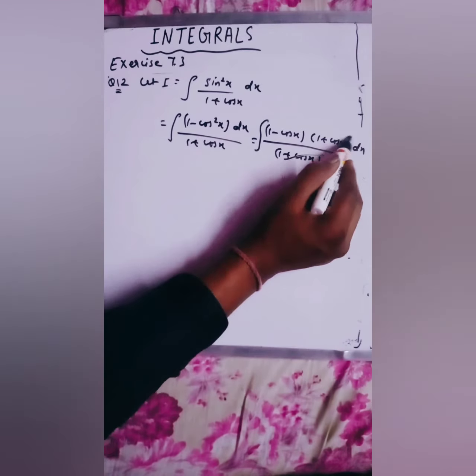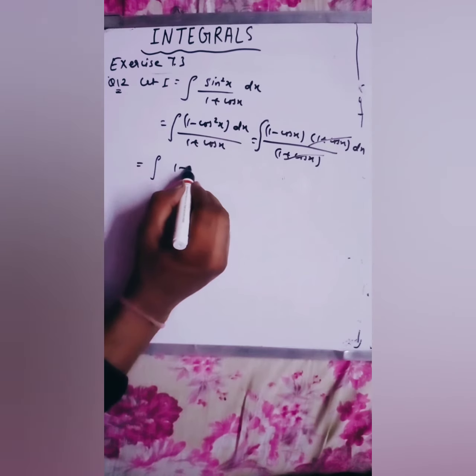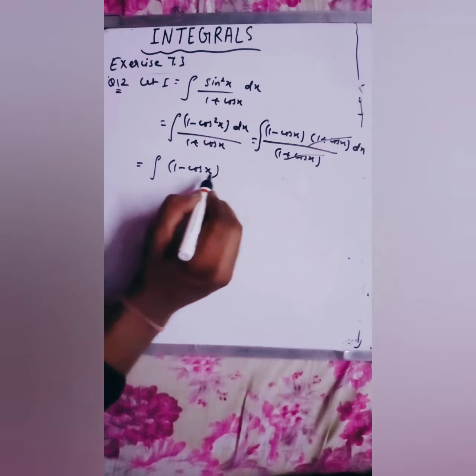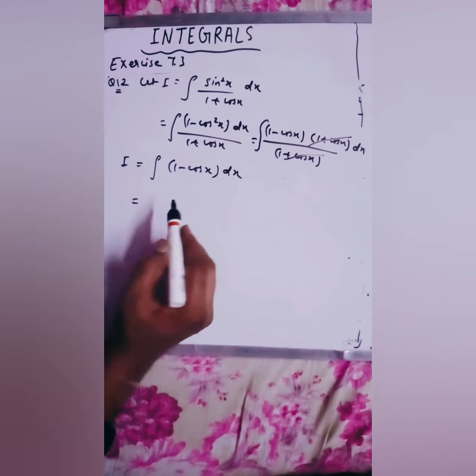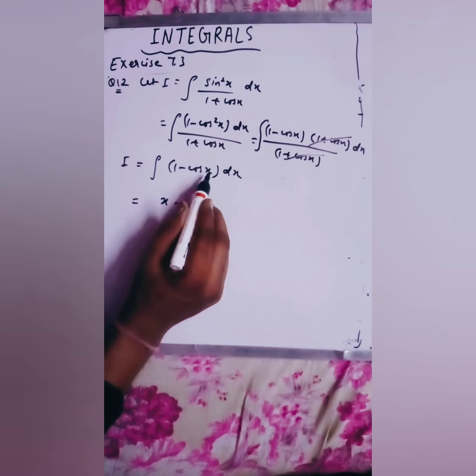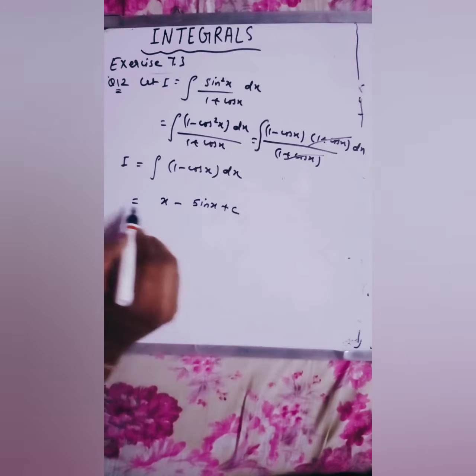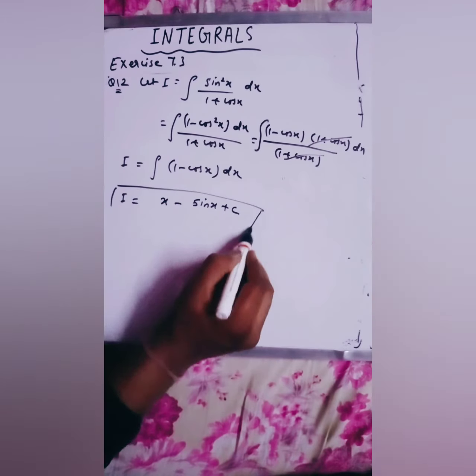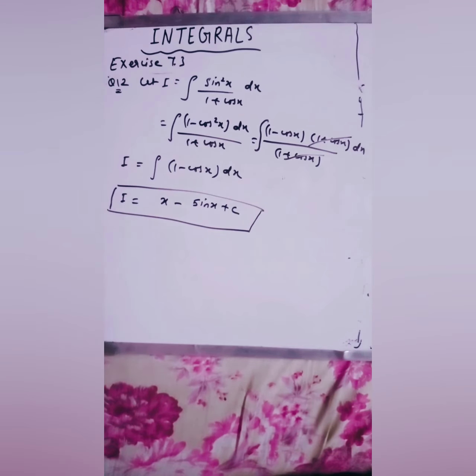This 1 plus cos x will be cancelled out with this, and you have to find the integral of 1 minus cos x into dx. So when you integrate it, the integration of 1 would be x minus the integration of cos x, which would be sin x, plus c. So this is the required answer of your question number 12. Okay, so note it down.